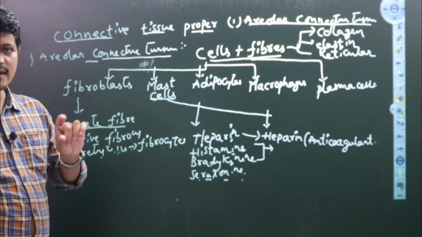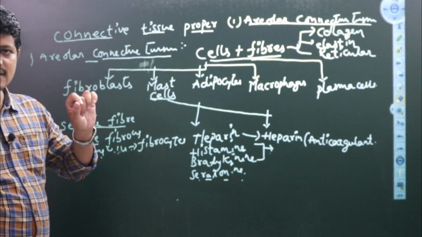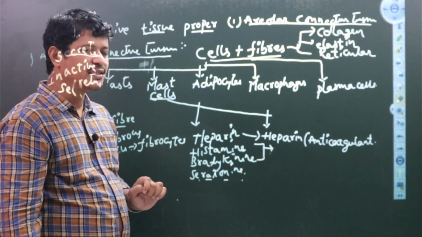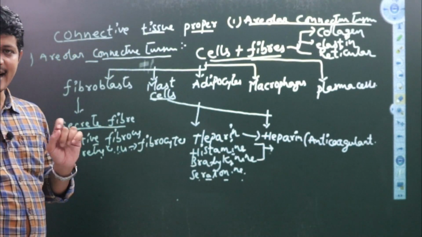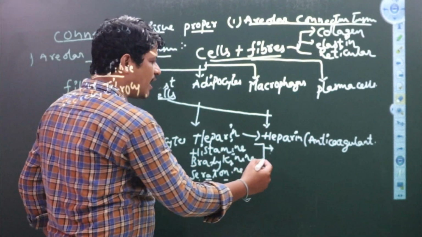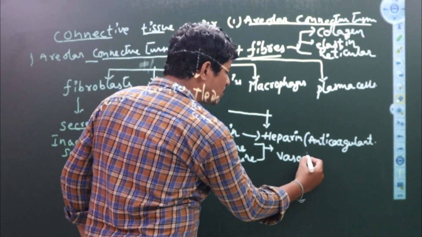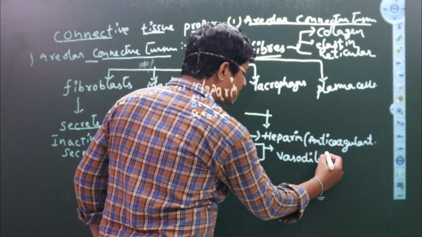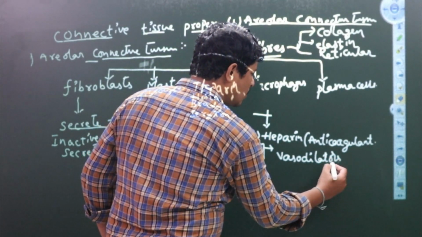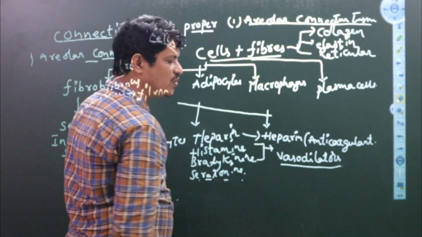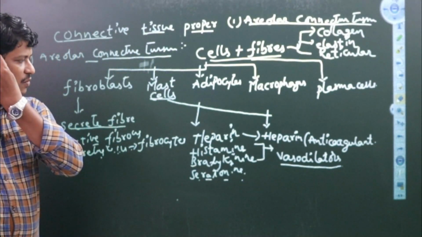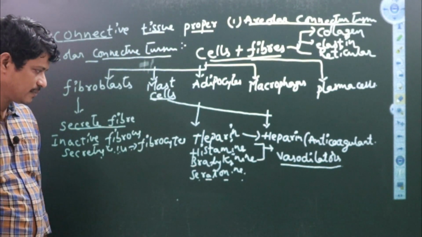So those people take some medicines that are prepared from histamine and bradykinin. These two act as vasodilators that increase the volume of the blood vessels.